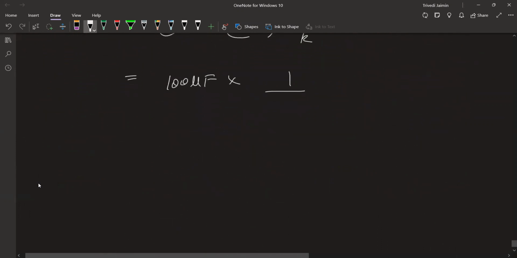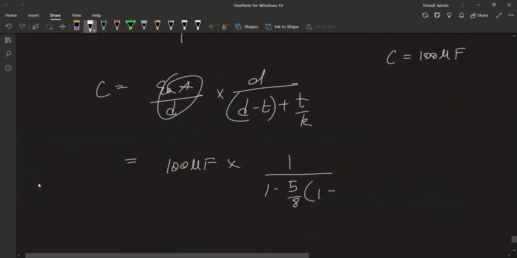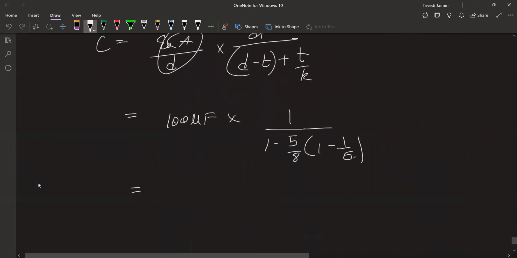And this one too. 1 minus 5 by 8, D I took as common, 1 minus 1 by 5. So solve this 5 by 8 and minus 1 by 5.